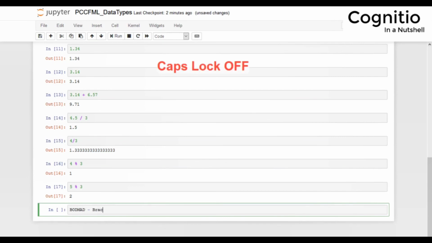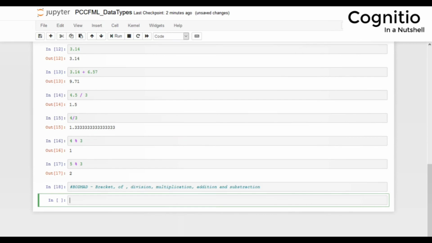So it's bracket, of, division, multiplication, addition, and subtraction. In this order itself the operations will be done.